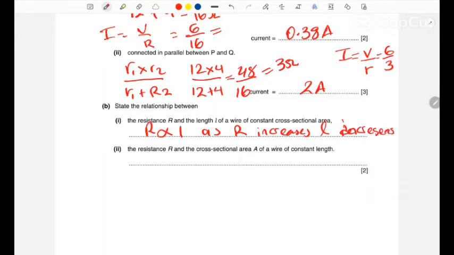Part 2. The resistance R and the cross-sectional area of a wire of constant length. So the relationship is inversely proportional. That means we're going to have R is proportional to 1 over A. So as A increases, R would decrease.